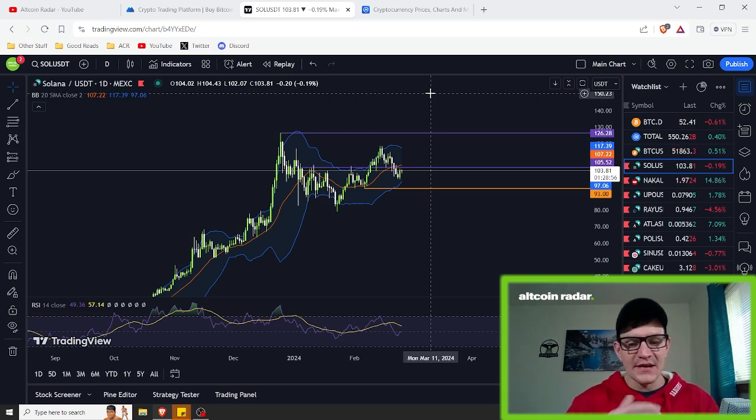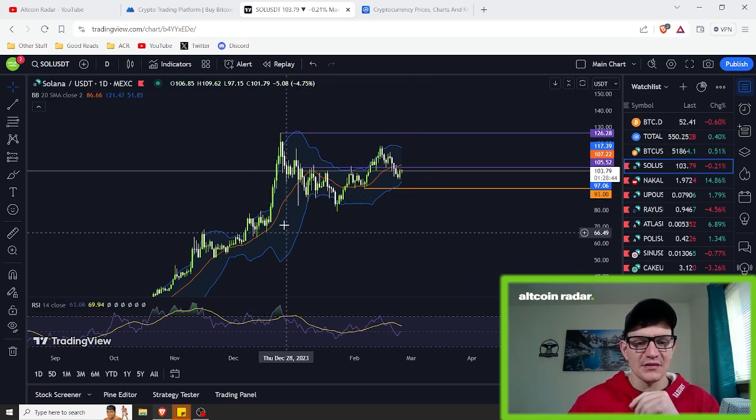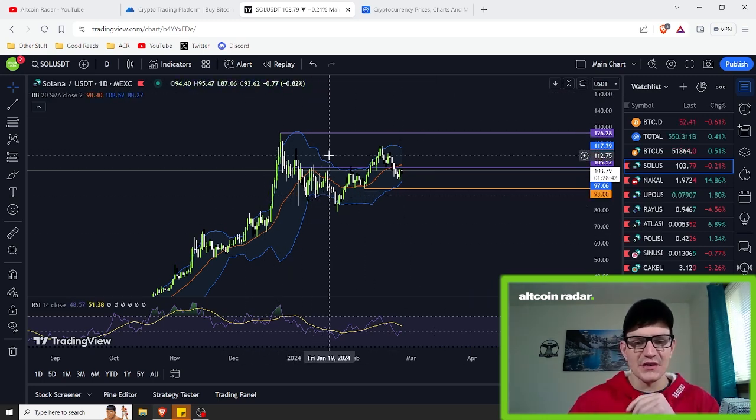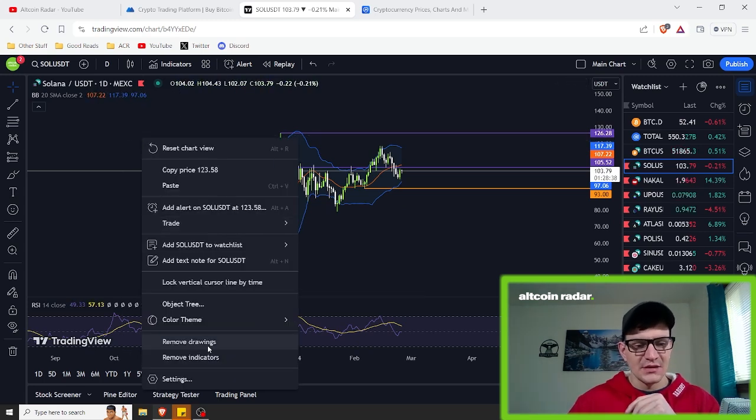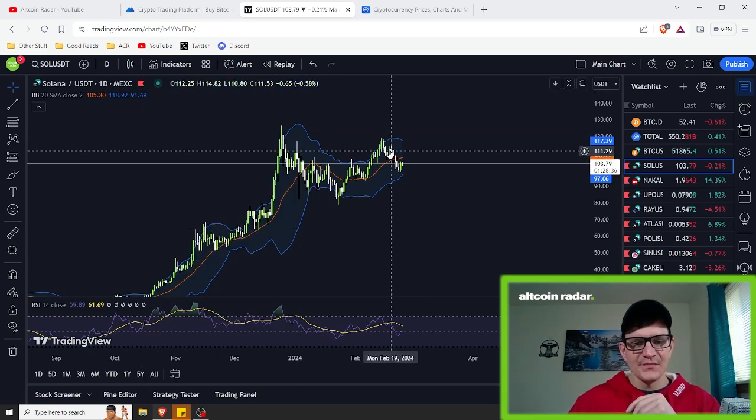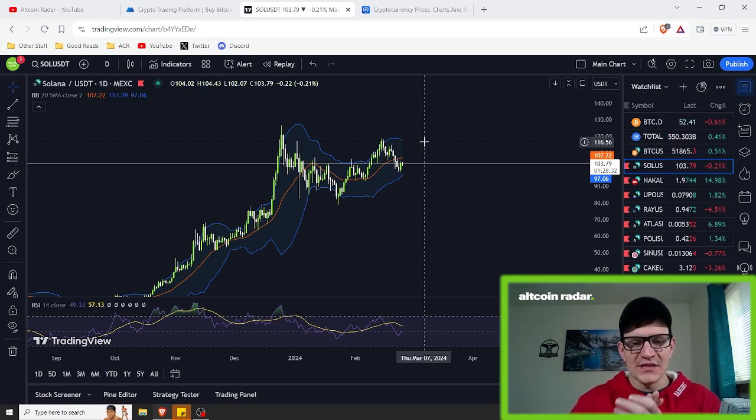Before I dive into some examples on the charts and show you step by step, for those of you who aren't familiar with the Bollinger Bands indicator, it's basically got three different bands, as you can see right here. Let me remove my support and resistance drawings, and we have just the Bollinger Bands. I've got two blue bands here and one orange band.